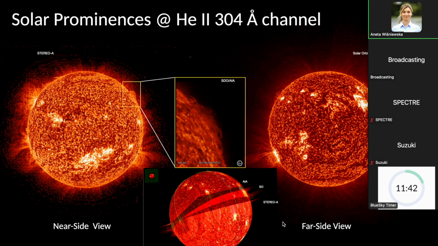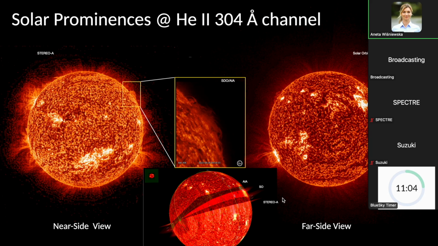We can also observe this prominence with the Solar Dynamics Observatory and the AIA instrument in the 304 channel. So the combination of the data coming from these three instruments provides vertical cuts through the structure. You can see we have three vertical cuts through the same prominence from different angles. The 304 channel corresponds to singly ionized helium, which forms at around 50,000 kelvins.